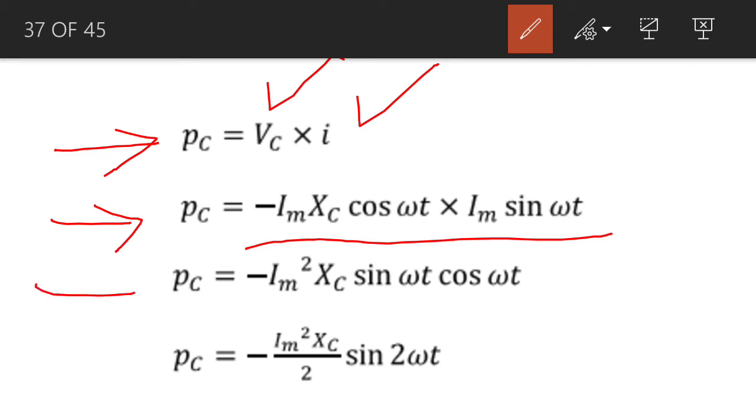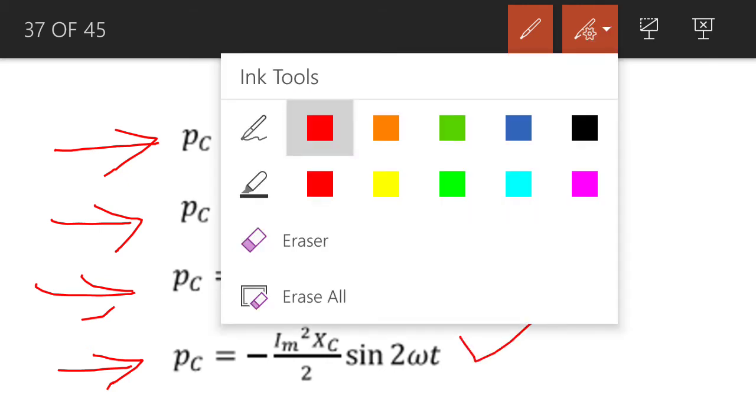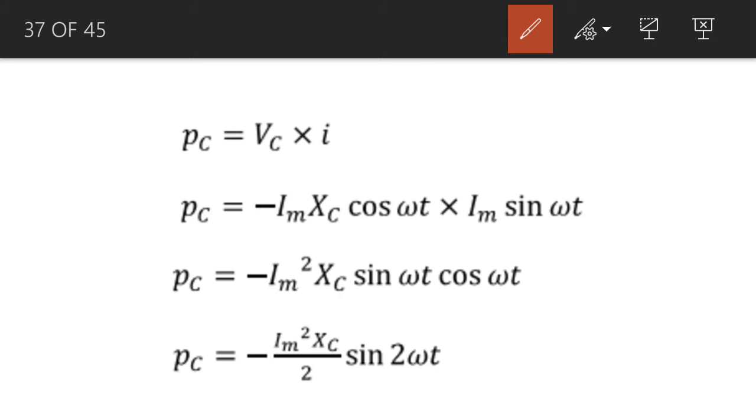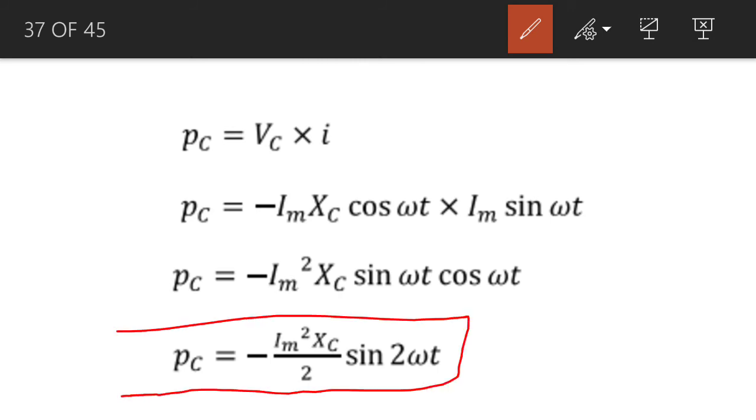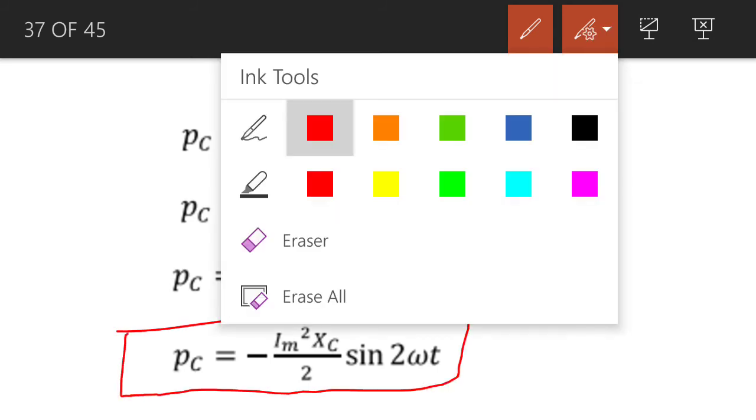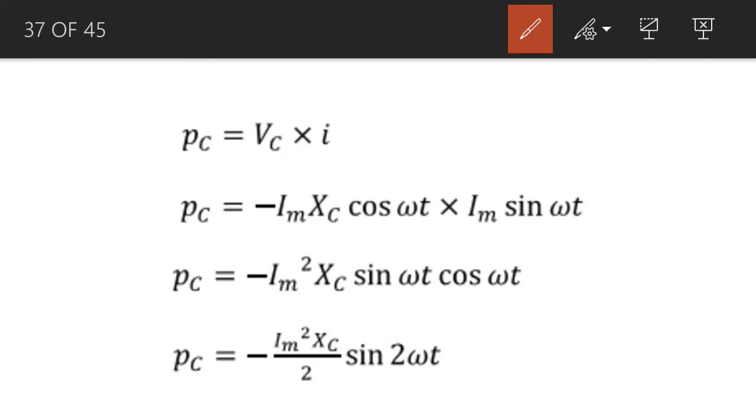And if we simplify this equation, the power taken by the capacitor is equal to minus Im square Xc sine of omega t cos of omega t. So the power taken by the capacitor is equal to minus Im square Xc by 2 sine of 2 omega t.